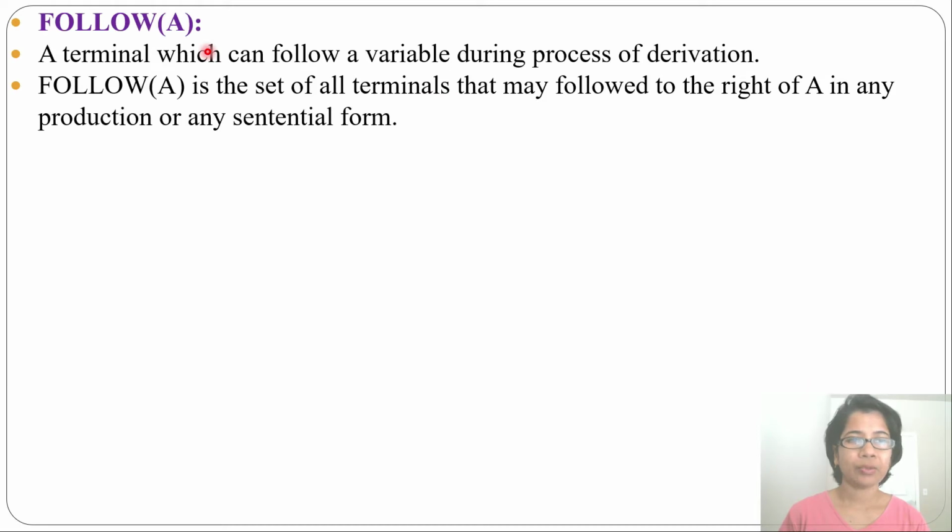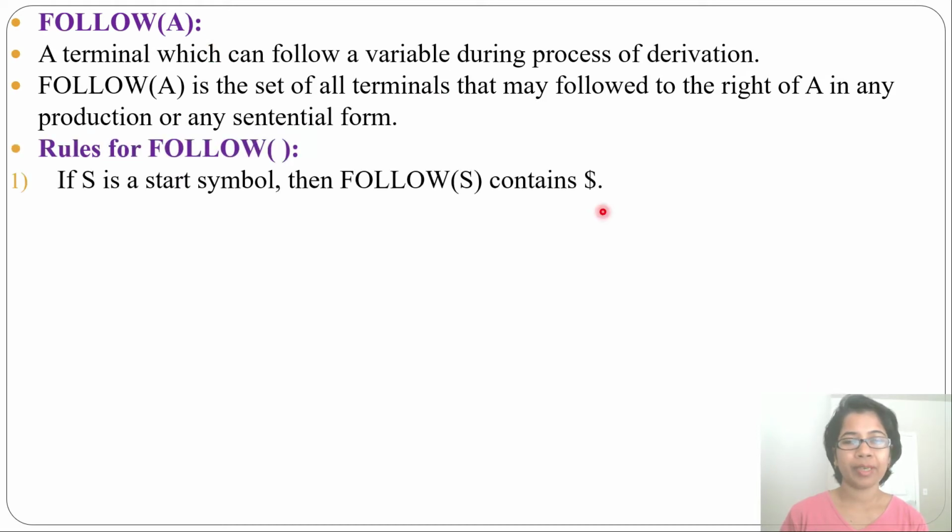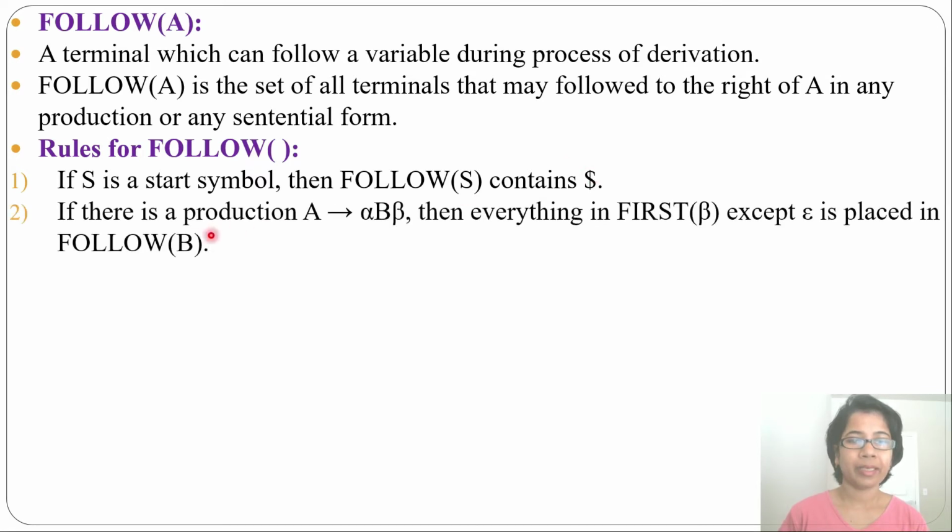Let's discuss the rules for finding follow. For the start symbol, follow of S will be dollar. Then if there is any production A derives alpha B beta, then everything in first of beta will be follow of B. So follow of B will be first of beta.